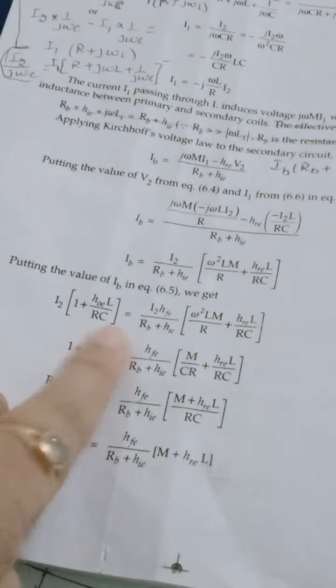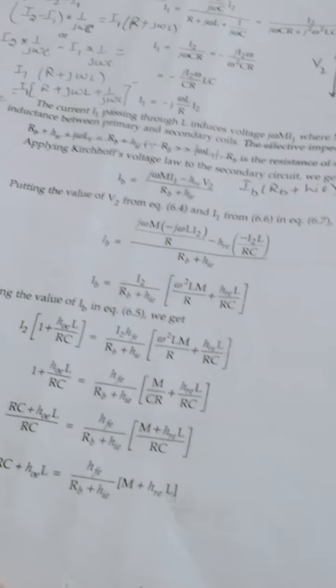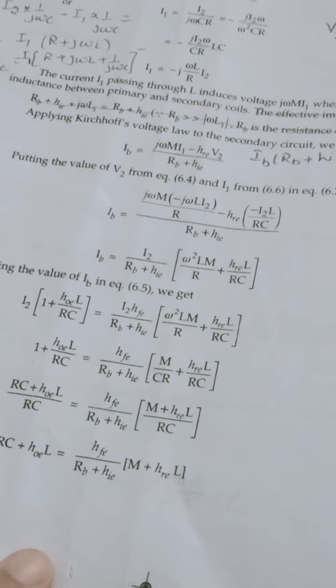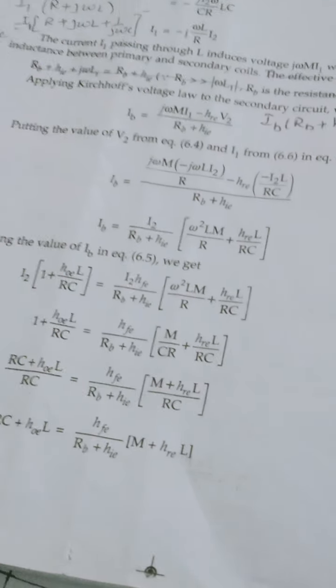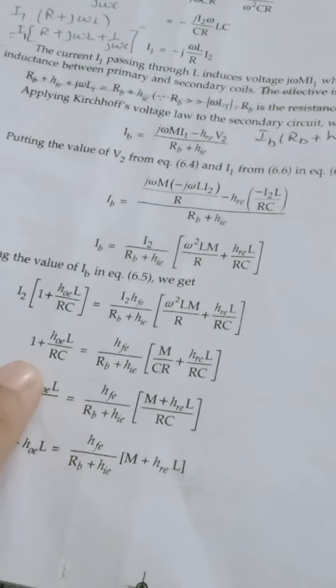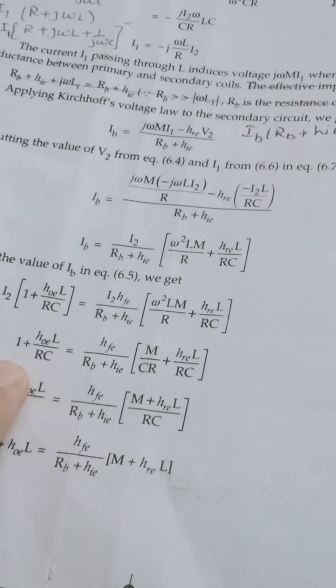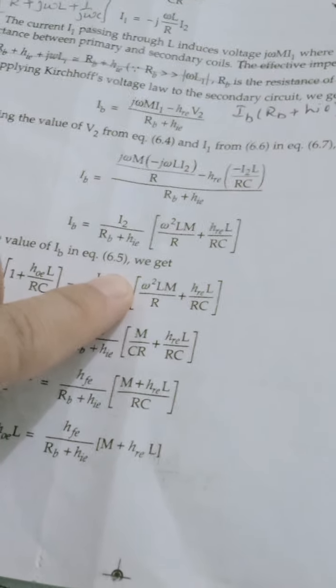So after putting this value over here, I come across certain terms, and there are very small steps involved. For example, in the first step, I2 and I2 will be cancelled out, and in the further step the value of this omega square will be put.